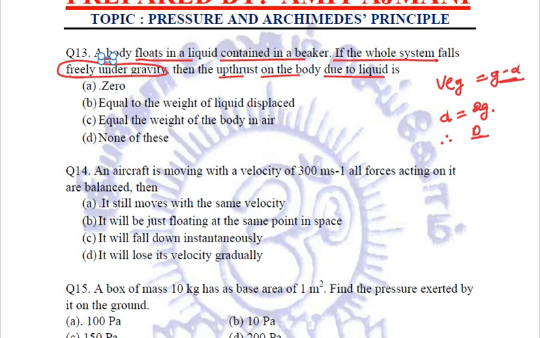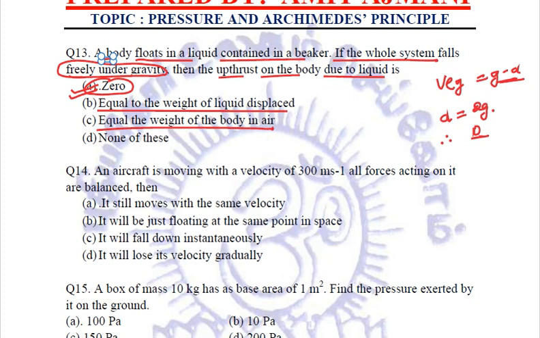But if the whole system is allowed to fall freely, then in that case the upthrust of the liquid on the body will be 0. It will not be equal to the weight of liquid displaced, or to the weight of the body in air. Right?